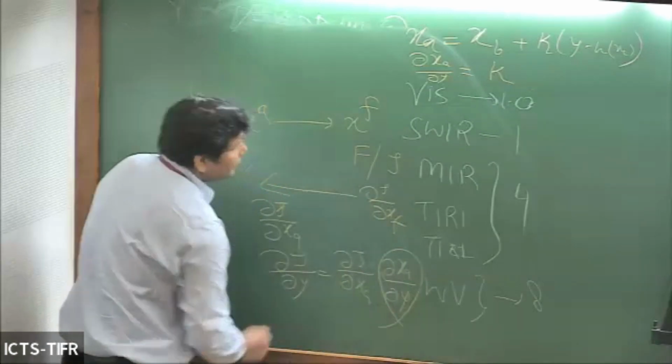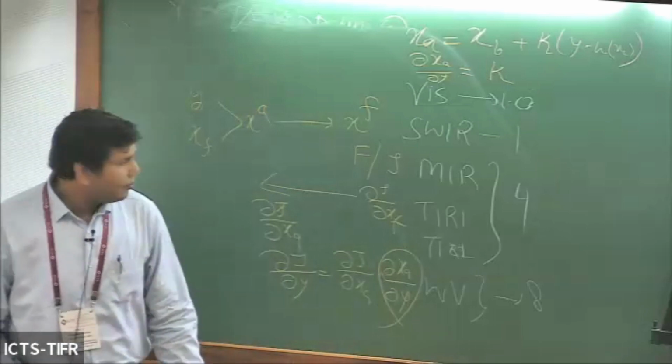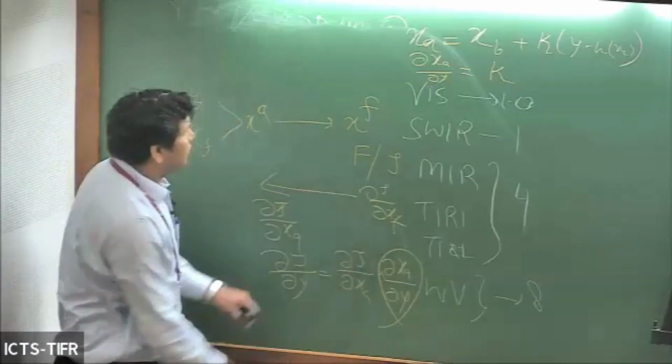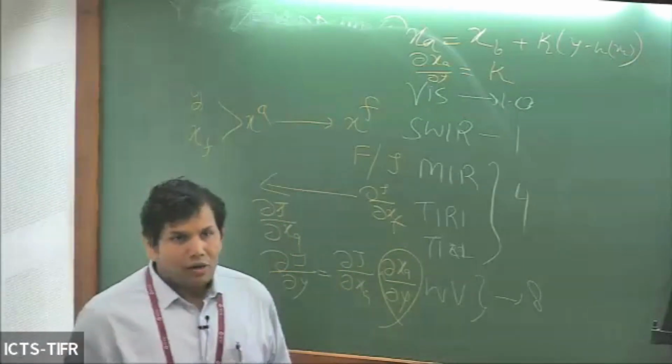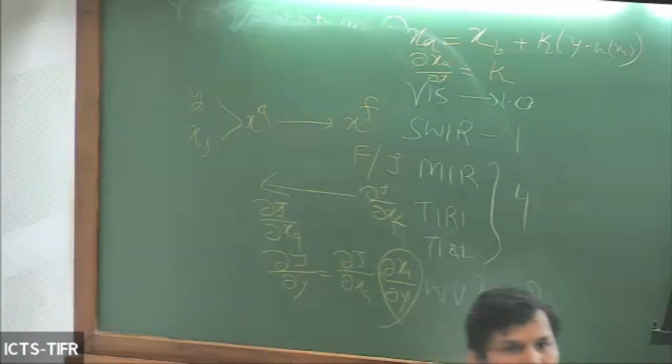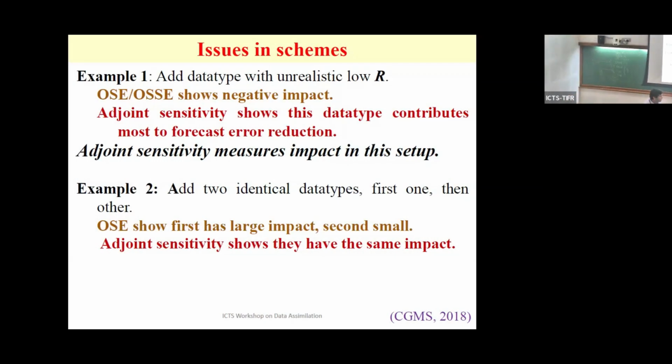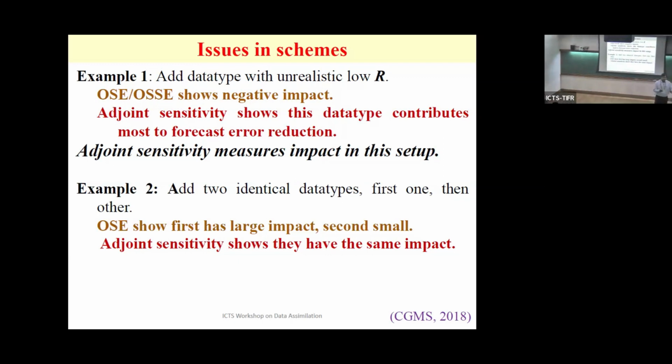This thing is simply your Kalman gain, and the other you know from your tangent linear model. So based on that, you are able to get, corresponding to your cost function, the impact of different observations. This methodology is widely used to assess the impact of different instruments.